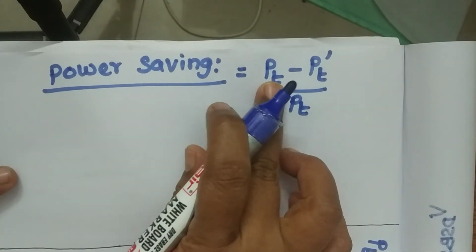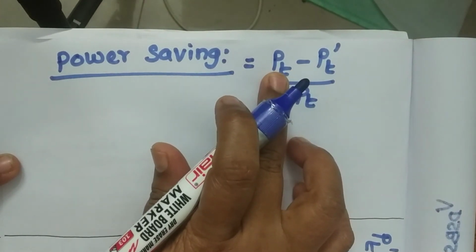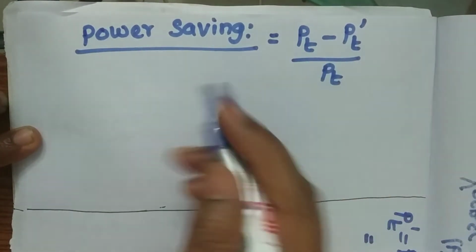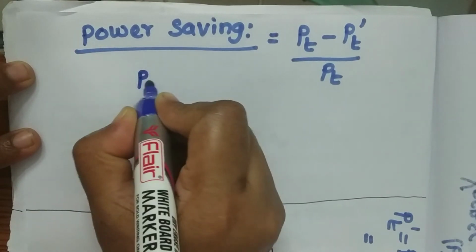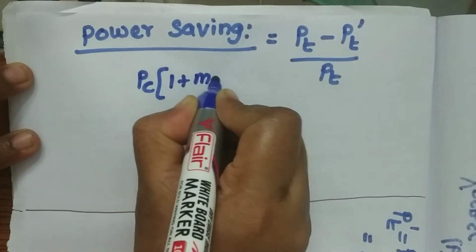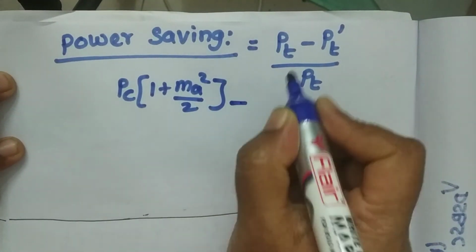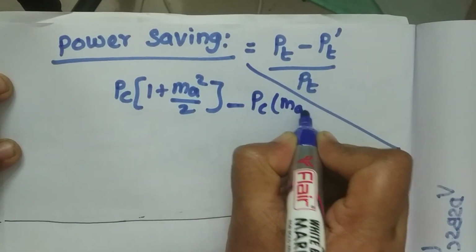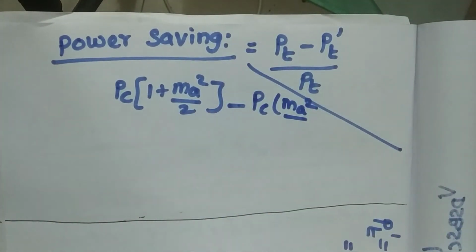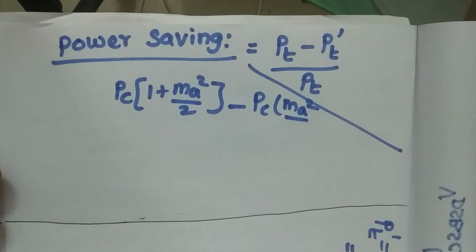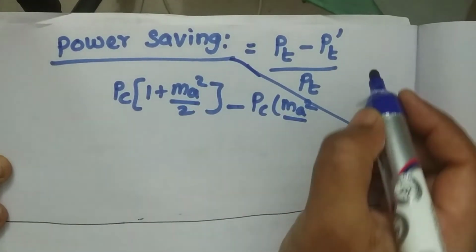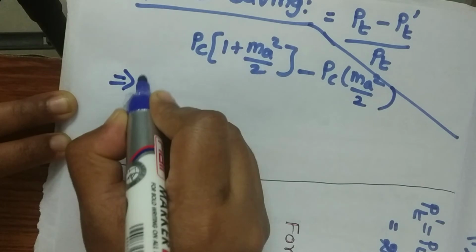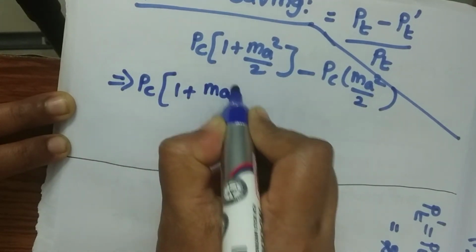We know that the total power for traditional amplitude modulation, double sideband full carrier amplitude modulation, was already derived: PC into 1 plus MA squared by 2.